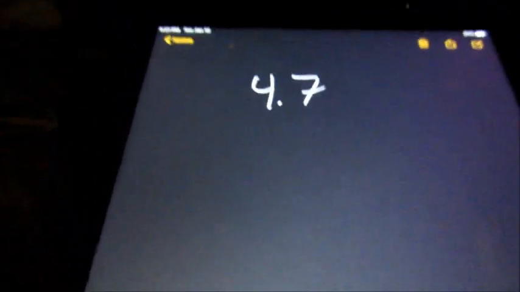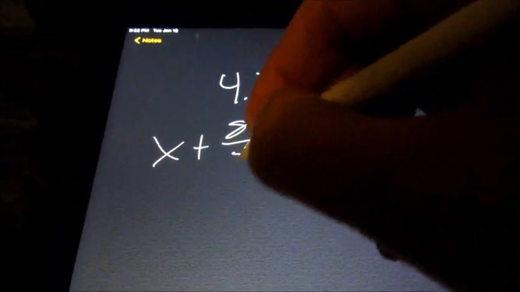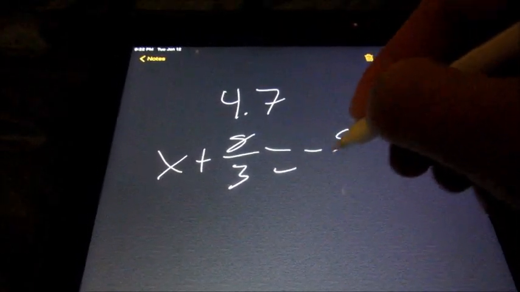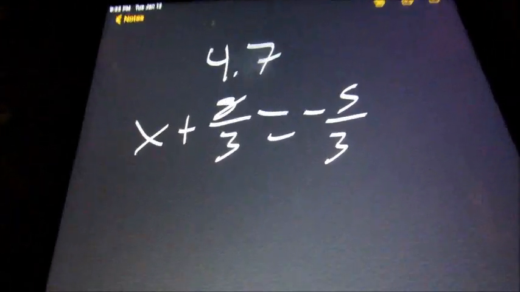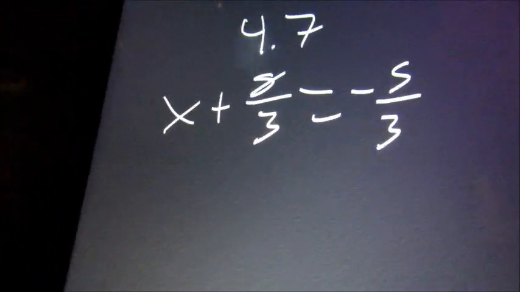So the first one I'm going to do is x plus 8 over 3 equals negative 5 over 3. So these both have common denominators here.